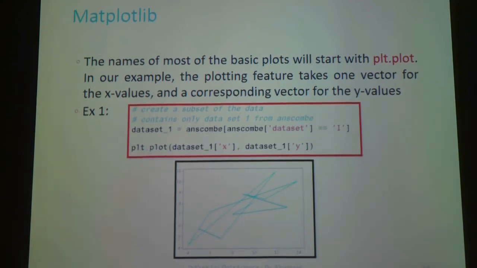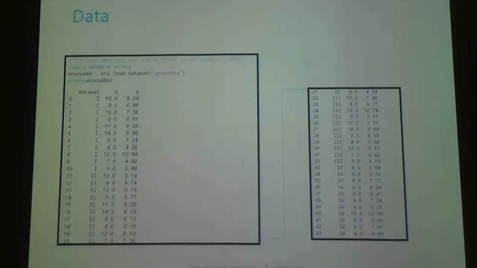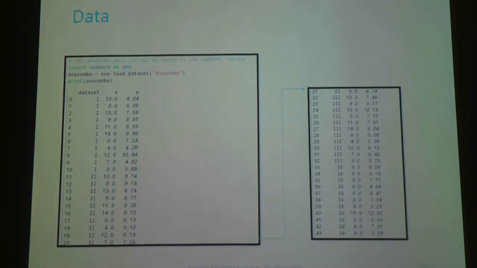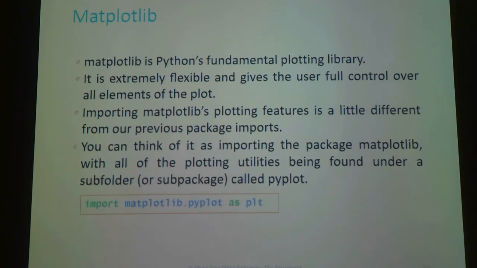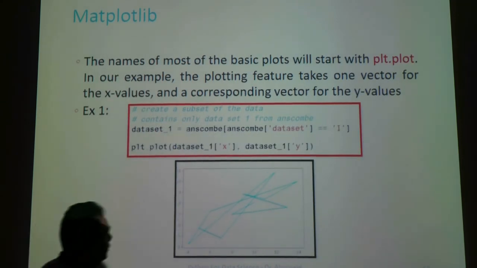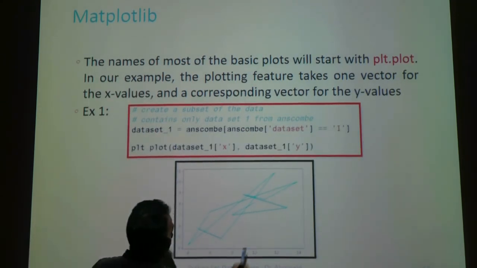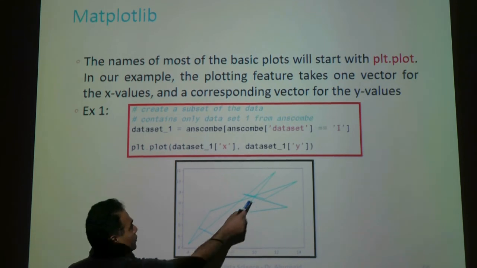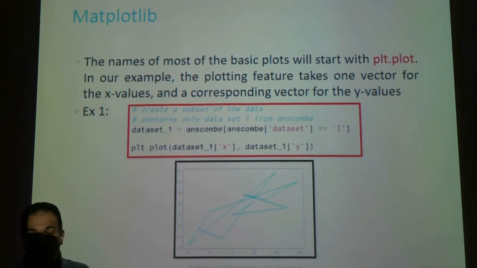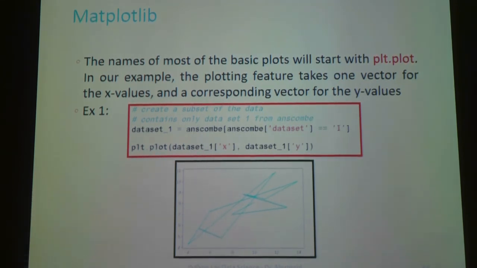So what is the first element in the set? 10 and 8.04. If I look in here, where's the first one? It starts from here, right? 10 and 8.04 is the first one, then the second, third, and then they are connected by a line.